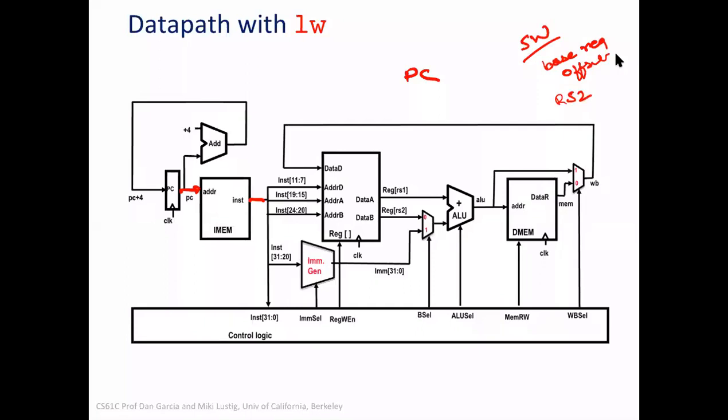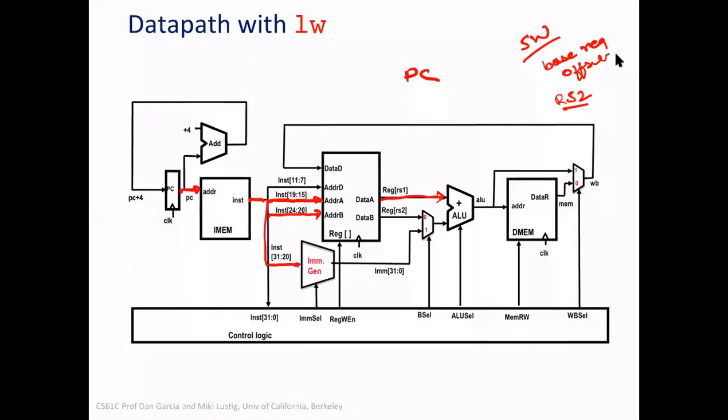All right, so now let's see. We have the base register value. We take it from here, and this is the register content that we need to write to memory, right? So this is the base register, and then to the base register we need to add the offset. We take bits from here.